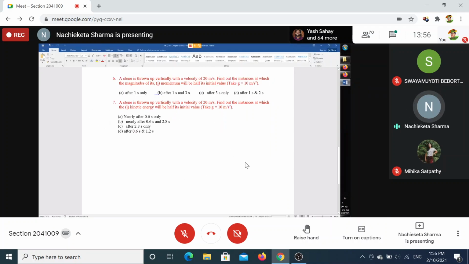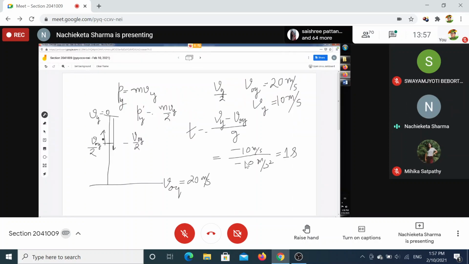A stone is thrown up vertically with a velocity of 20 meters per second. Find out the instants at which the magnitude of its momentum will be half its initial value, isn't it? So the magnitude, here the direction will be upward, here the direction will be downward, but at this point the velocity will be half the initial velocity.